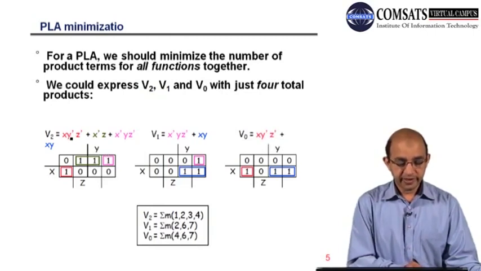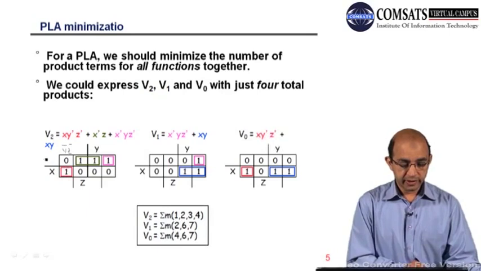So x y bar z, then x, y bar and z bar, and this is x bar. For this pair, what we have is x bar z, and for this we will be having x bar y z bar.